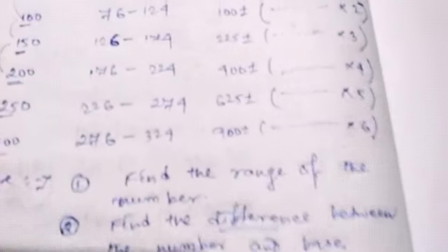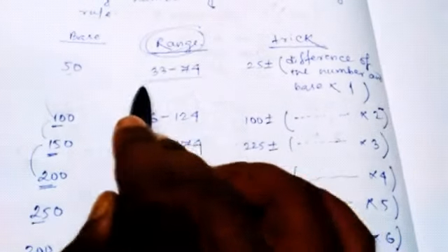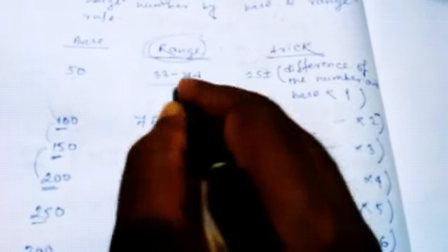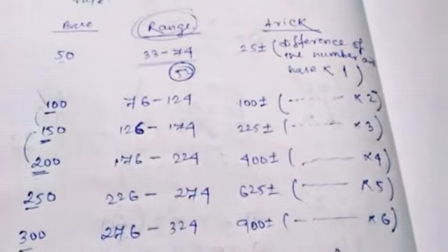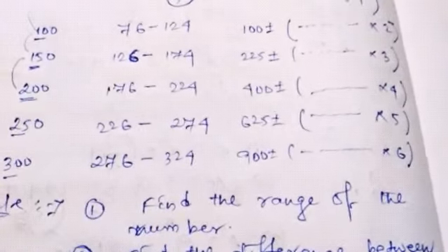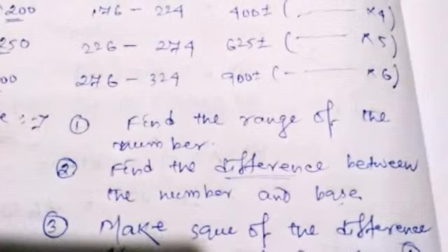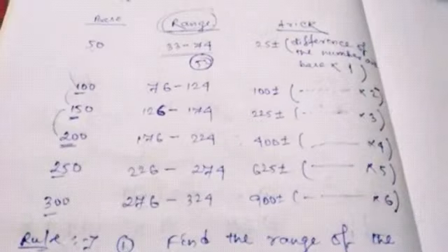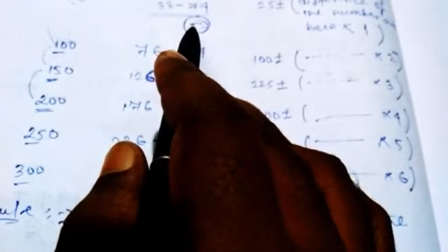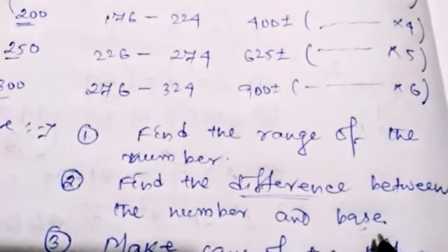The range is 33 to 74. 52 is within this range. Okay, now the first rule was to find the range of the number. We have got the range 33 to 74.